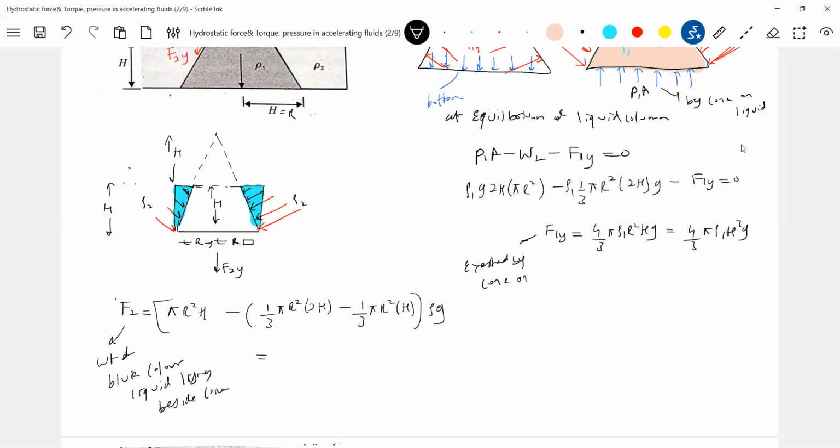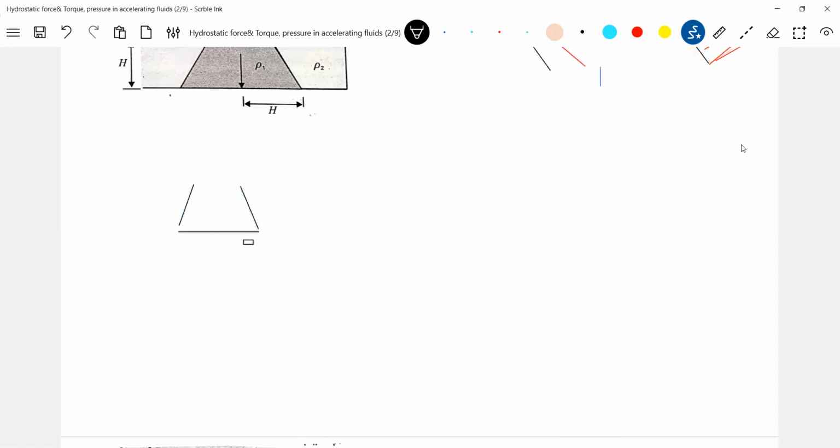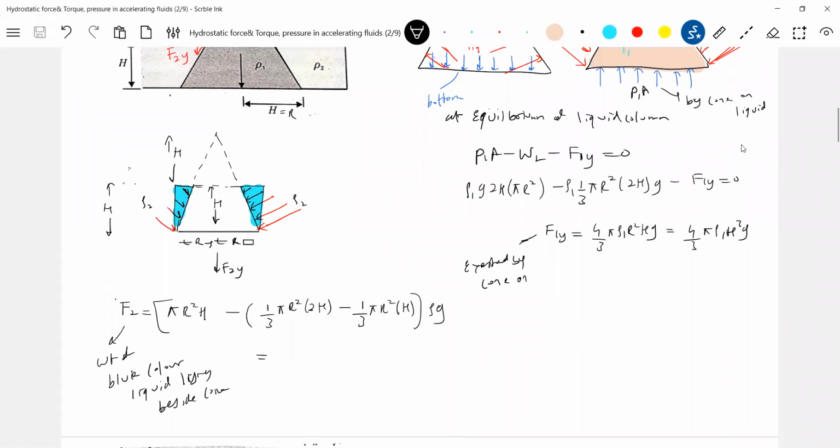Anybody simplify and just tell it. So, 2 by 3, sorry, pi r square h. Wait, this should be R by 2. Radius of this will be R by 2. I will shade this much of volume. I should subtract it from the bigger cone, no?